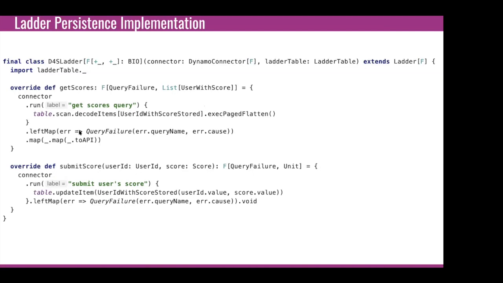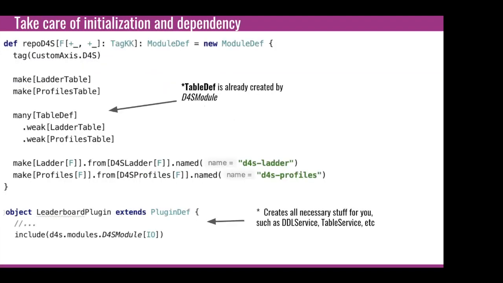And I also want you to notice how easy it is to handle paginated requests. We just say that we want to process every single page and flatten the result using the execPagedFlatten. And the code base looks compact and neat. So the only thing we forgot to do is to take care of our dependencies, like creating tables and making configs.